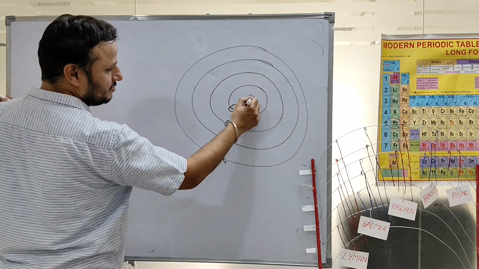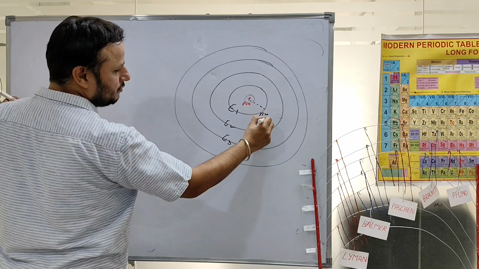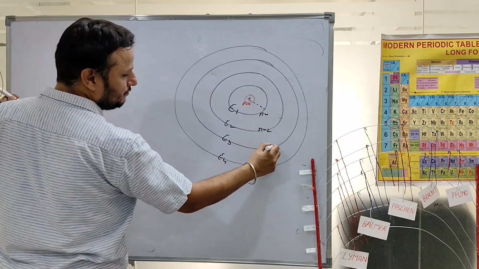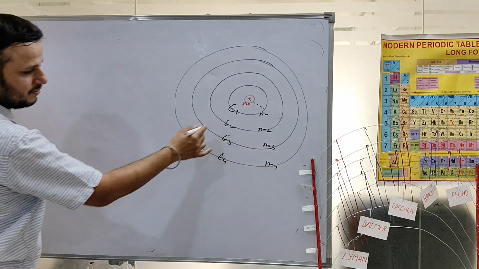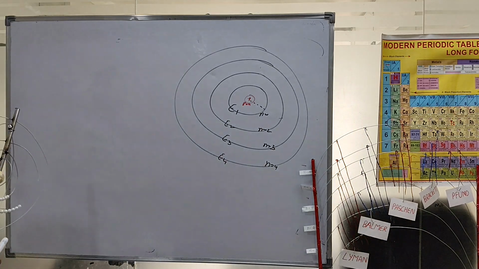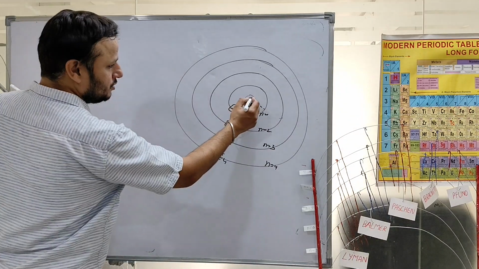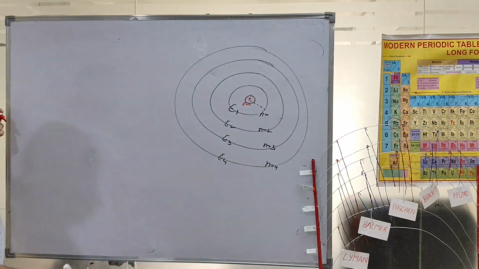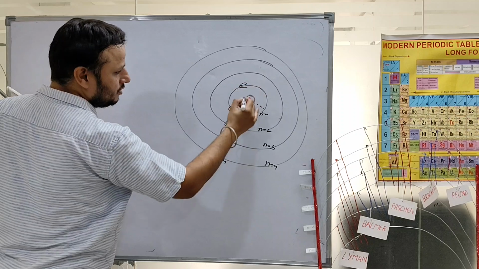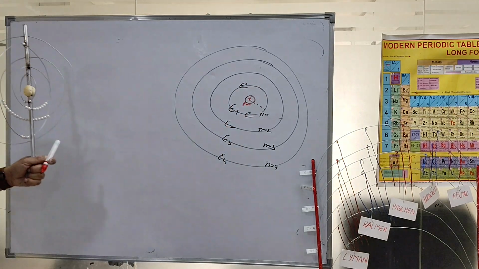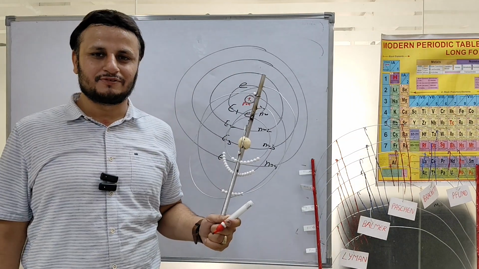From the center, there are a fixed number of shells 1, 2, 3, 4, which have fixed energy levels E1, E2, E3, E4, and so on. So this is the Bohr's model, and each energy level has a maximum capacity.